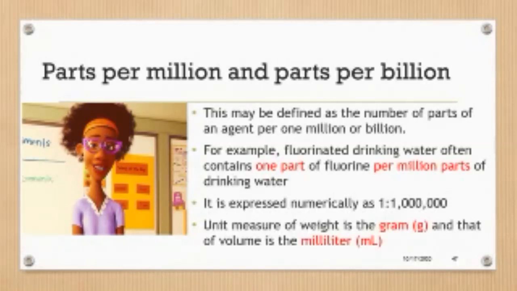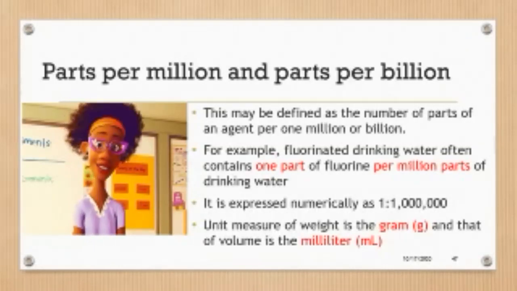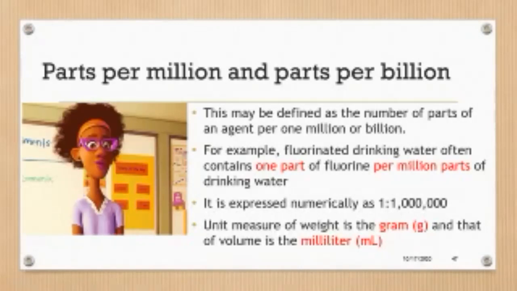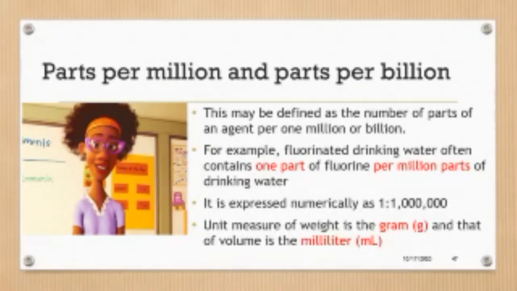And in this case, the mixture could be drinking water, potable water. It usually deals with large volumes of mixture and small amounts of a substance. And usually they're looking at things like fluorine or fluoride ions in water, or chloride ions in water, etc.